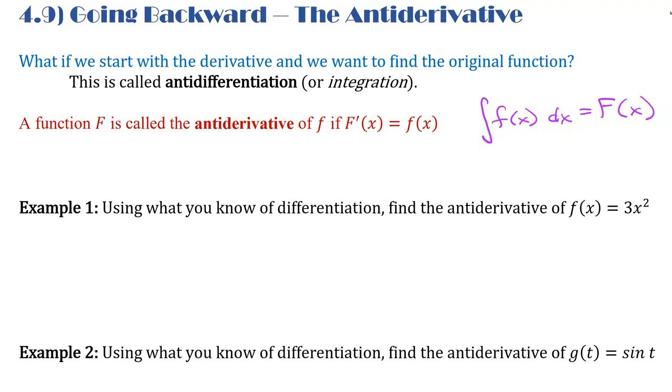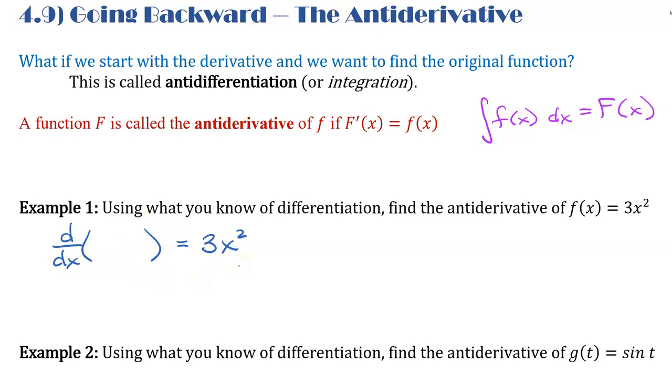So one way to think about this is literally going backwards. So let's look at this first example here. Based on what we know about the rules for differentiation, can we go backwards for 3x squared? So think about it this way. The derivative of what will give you 3x squared? Just thinking backwards.